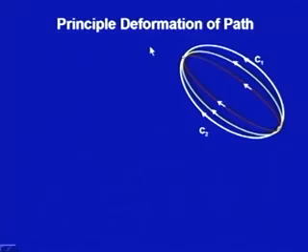One more thing in between, we are talking about the principle of deformation of path. As we are saying, it is independent of path. So if the function is analytic on every path here, whatever paths I have talked about from C1 to C2, these are 2 points we are talking about, and keeping these ends fixed, if we take any path, we are changing our paths.